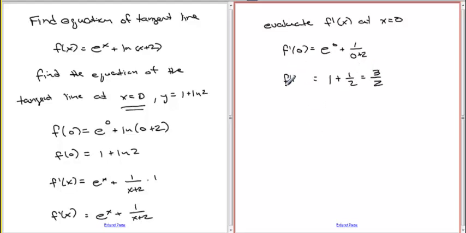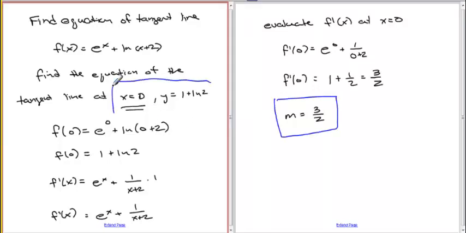So that's f prime of 0, and that's also the slope. So now we have the slope, and we have one point, with its two coordinates.